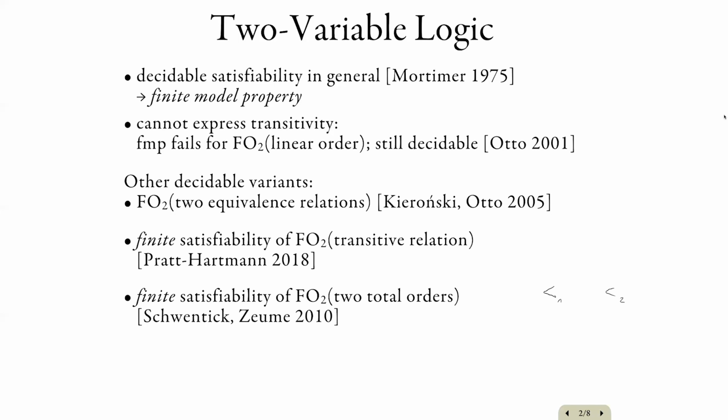So this problem was shown to be decidable, but Szwentyk and Zeume posed the question, is the general satisfiability decidable? So can we decide whether there's an arbitrary model, not necessarily a finite one, of a given sentence, talking about two total orders?